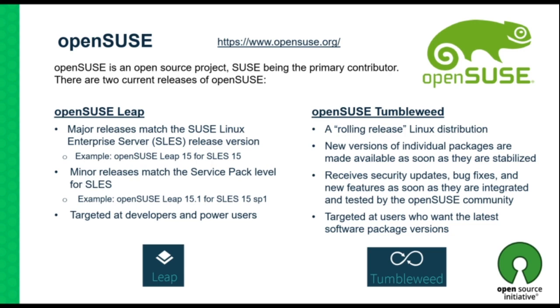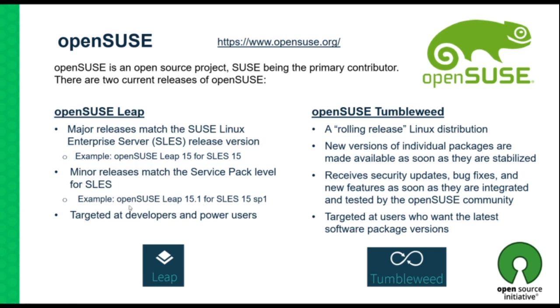For example, if Leap runs on 15, then SLES will also run on version 15. With minor releases, we match the service pack level for SLES. For example, if SLES was running on SP1, then we would also have Leap running on 15.1.